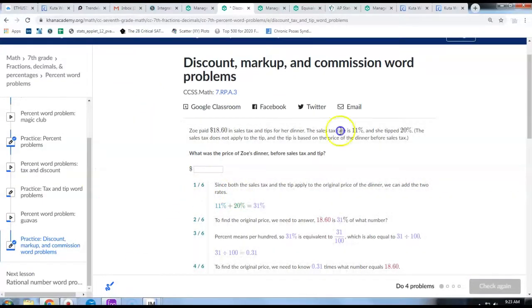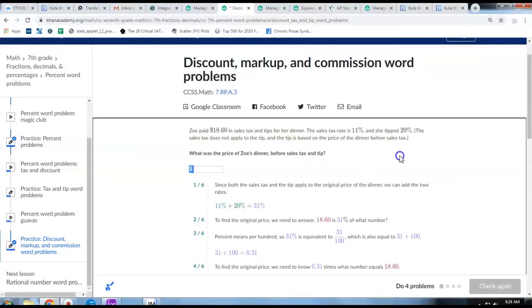So I apologize for that. But what I didn't realize was they're not applying to each other. So it's not like it's taxed and then the tip is on the tax. They're separate. So they're not compounding like I put one after the other. That's not the case here.